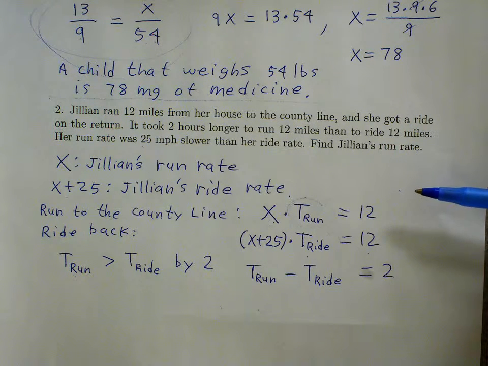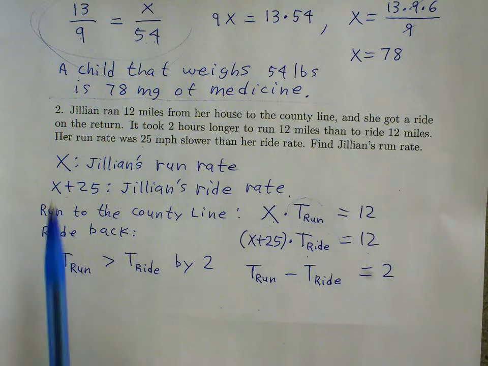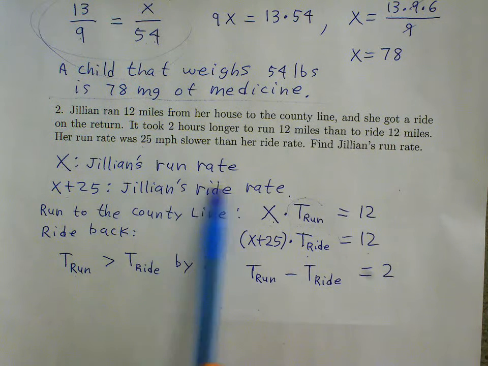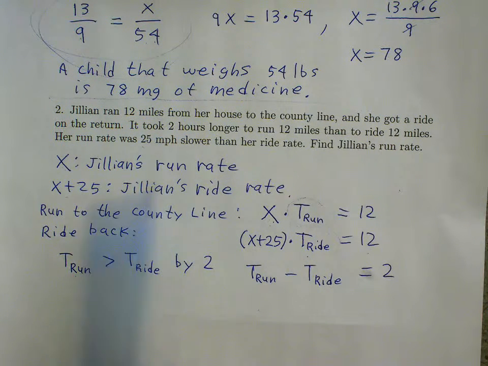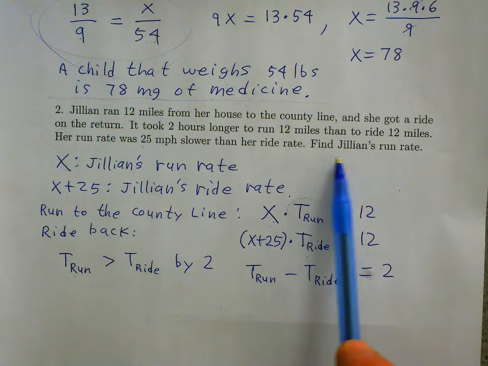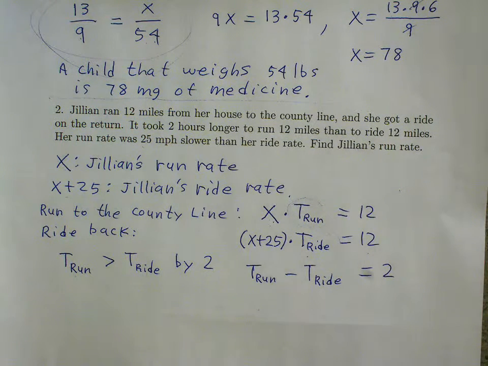Perhaps I should have said this sooner: since we're using X to represent Jillian's run rate and X plus 25 for Jillian's ride rate, and we're supposed to find Jillian's run rate, what we want is an equation whose only variable is X. So we're getting close to getting an equation whose only variable is X. We've done some intermediate work.